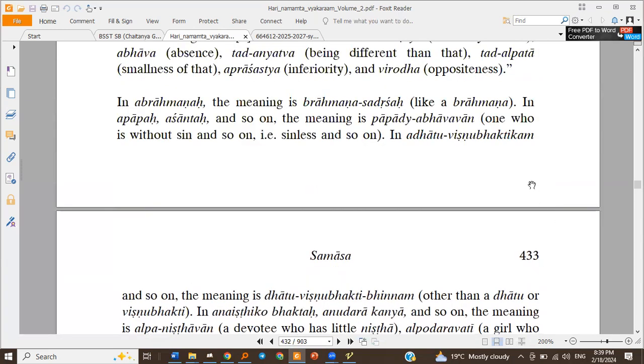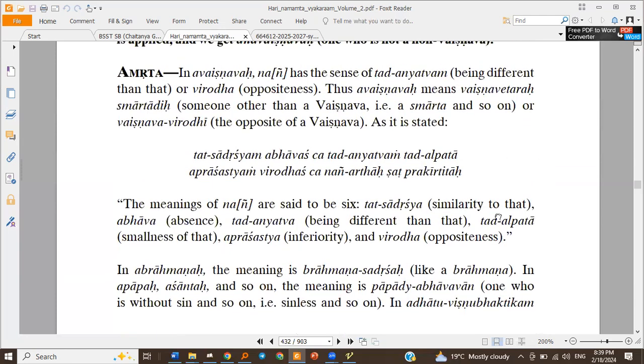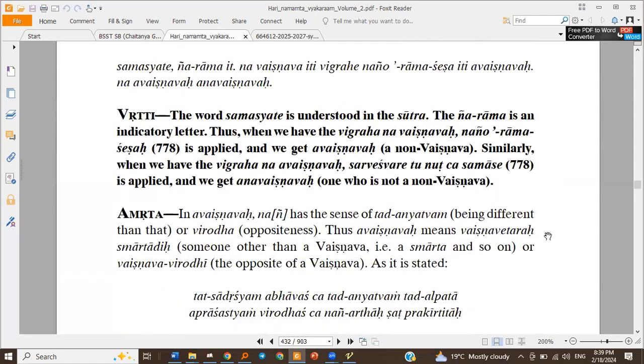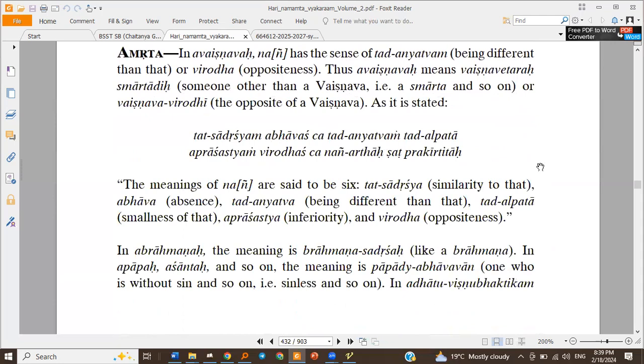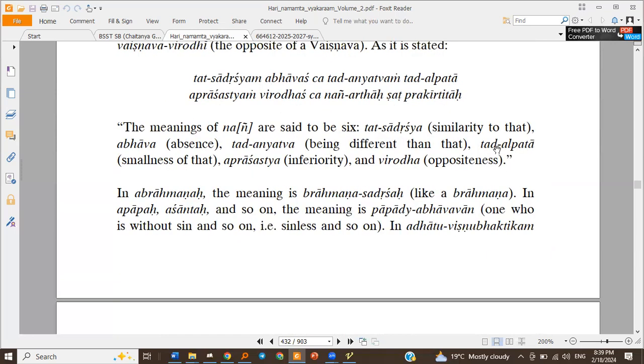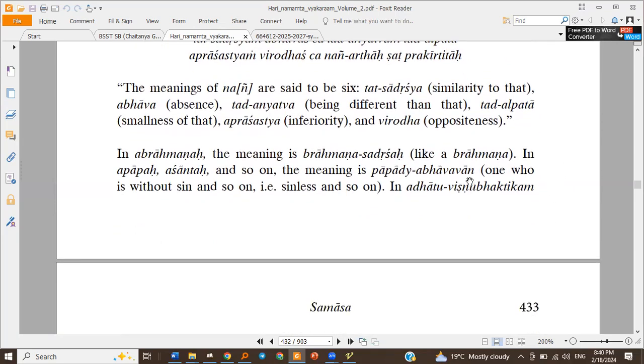We can actually make note of this. Can you kindly mention this in the group? Just these six meanings of nay, mentioning the name of each and an example for each.